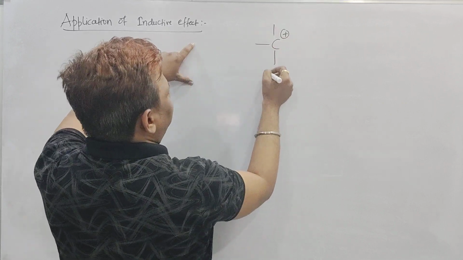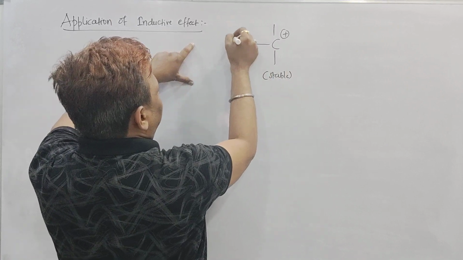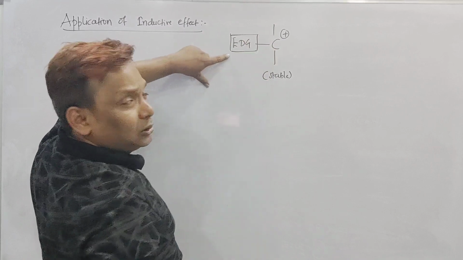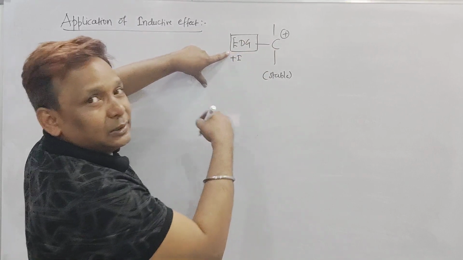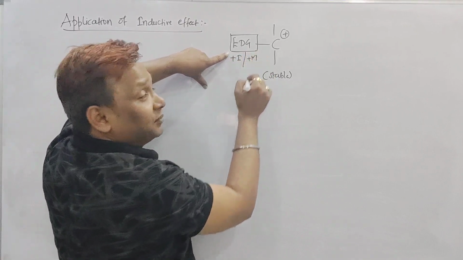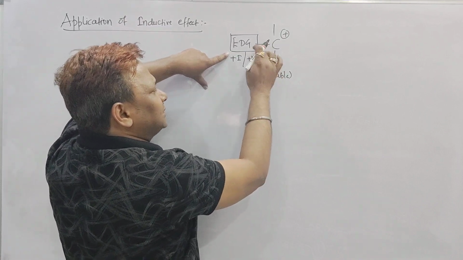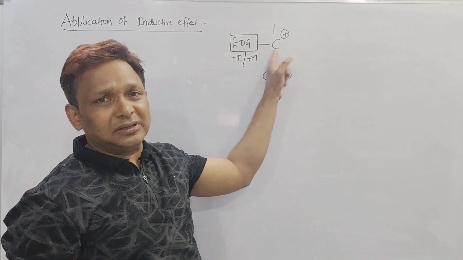Positively charged species are stabilized by electron donating groups. But what is an electron donating group? You know, till now we started with the inductive effect, where plus I is electron donating. In the same way, we are going to discuss plus M, mesomeric, also electron donating, plus R donating, plus HC donating. So all the donating groups can stabilize the positively charged species.